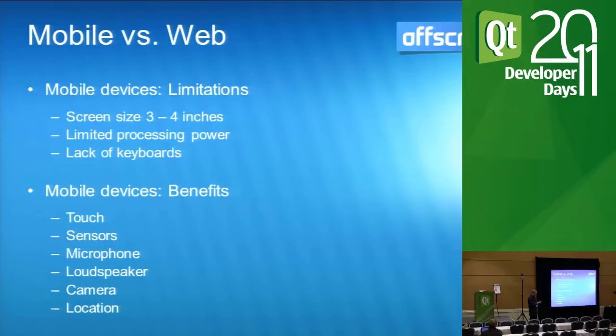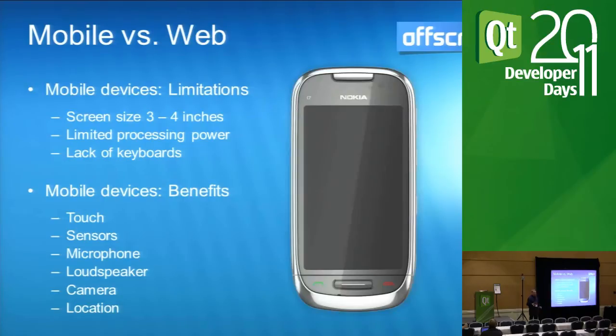So if you look at a typical Nokia device, which is very similar to the typical iPhone or whatever, the screen size varies between 3 to 4 inches because of very good reasons. For example, if it were 7 inches or 10 inches, it wouldn't fit into your shirt pocket anymore. And then because of battery technology, the processing power is maybe 10-fold more limited than on PCs.